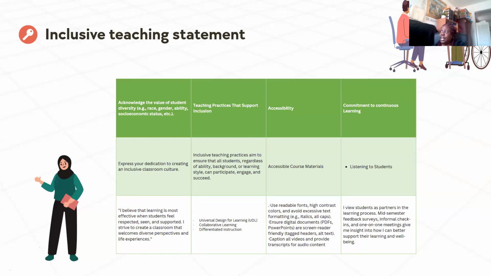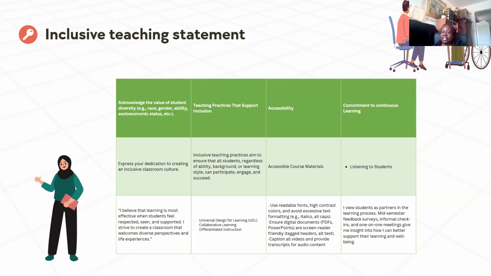And number two, it starts with teaching practices that support inclusion. Inclusive teaching practices aim to ensure that all students, regardless of ability, background, or learning style, can participate, engage, and succeed.